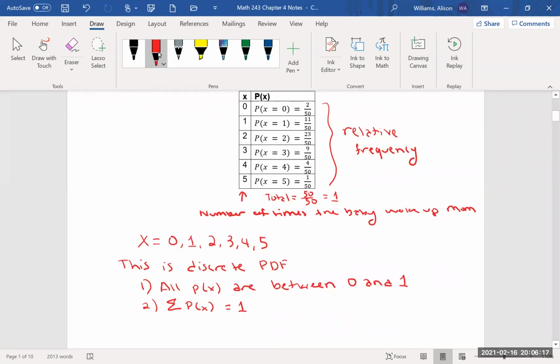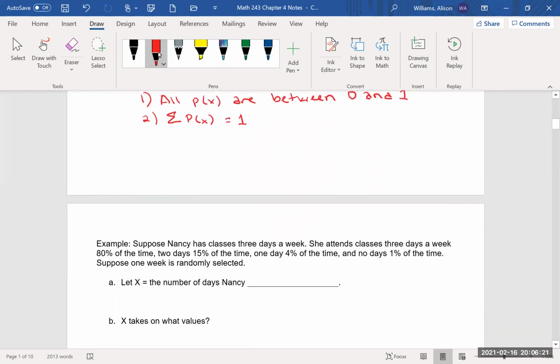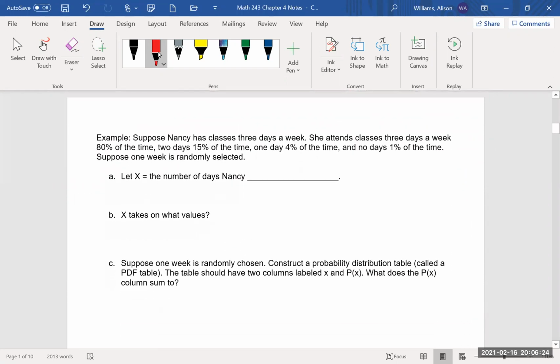Let's look at a different example where we'll put it all together. Suppose Nancy has classes 3 days a week. She attends classes 3 days a week 80% of the time, 2 days 15% of the time, 1 day 4% of the time, and no days 1% of the time. Suppose 1 week is chosen at random. So she goes through her term, and she attends these percentage breakdowns.